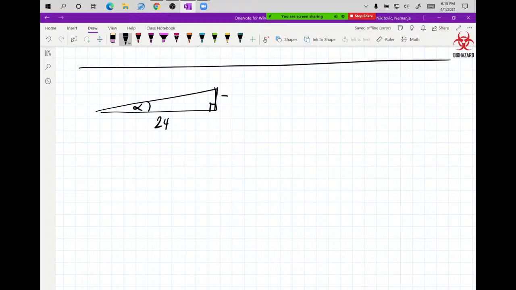This is 24, this is 7, and they're asking for tangent to alpha. So you need the third side, and you need to set up your trig. So let's see what you get. Try this one on your own for a few moments.